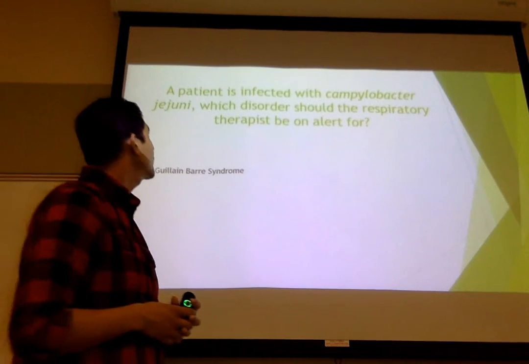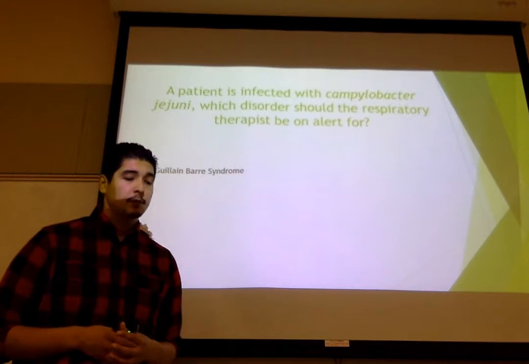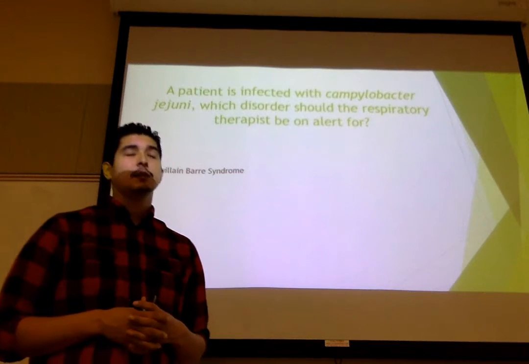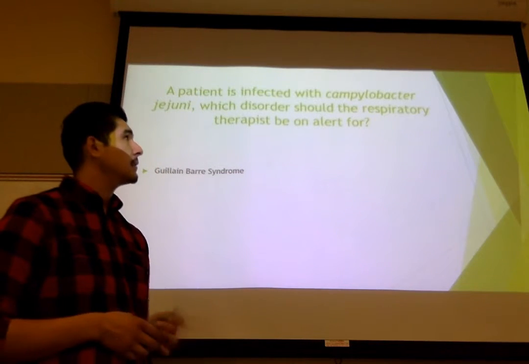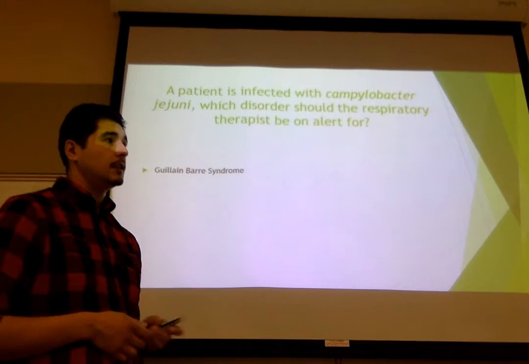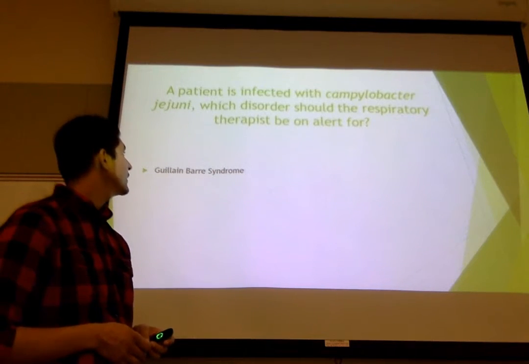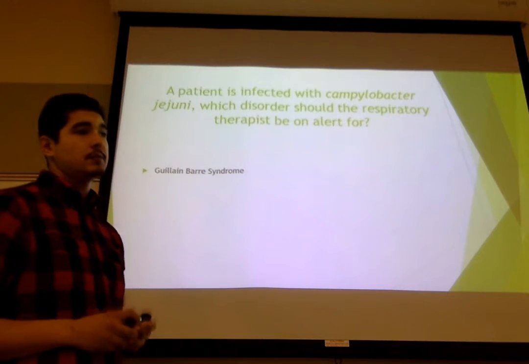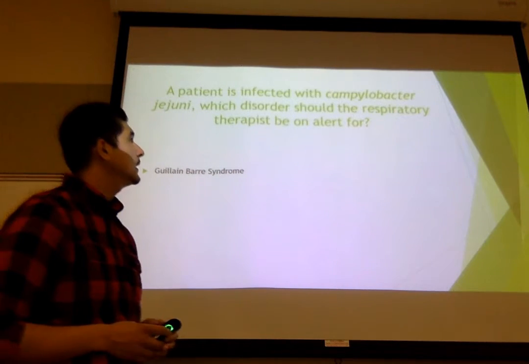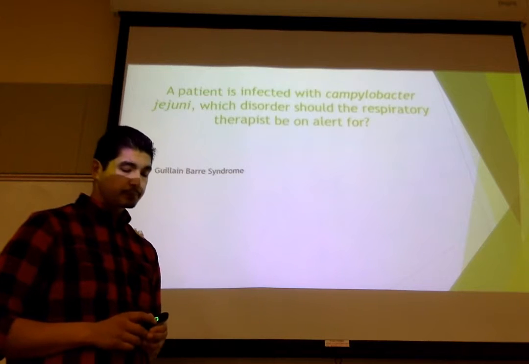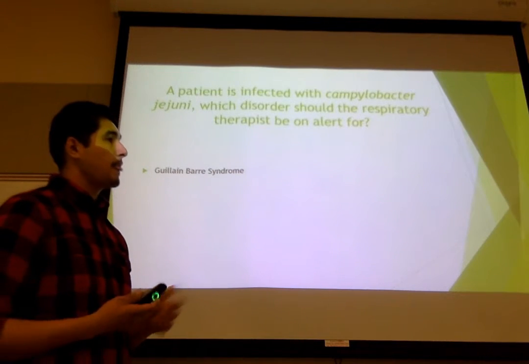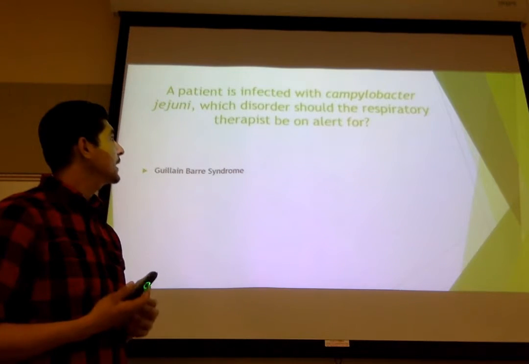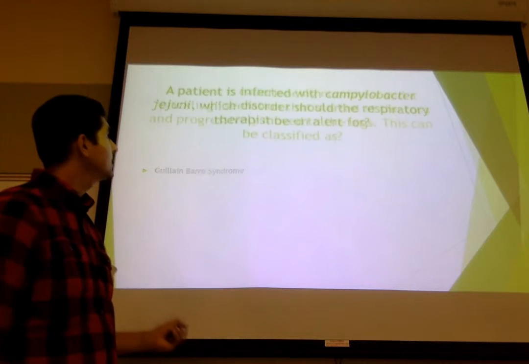As I said, Campylobacter jejuni is around 60% of the time identified as the causative agent for people developing Guillain-Barré syndrome. The other three options don't really make sense, because they don't really happen with infections.